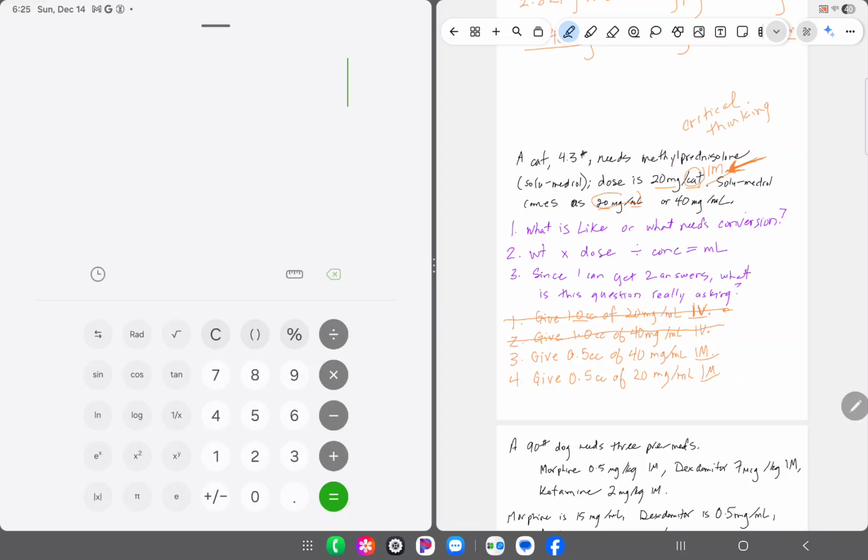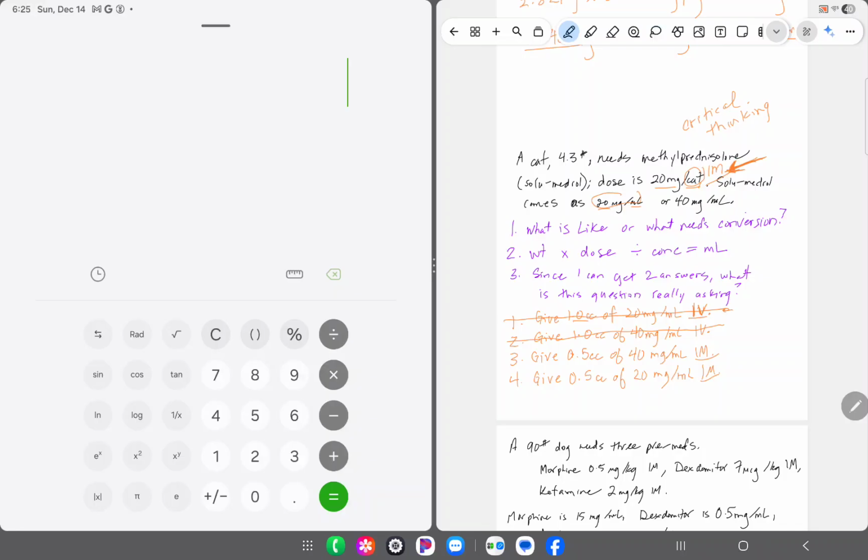Okay, so number 3, give 0.5 cc of 40 mg per mil IM. Okay, well, let's do the math again. They're gonna ask questions like this where the math can be done in your head a lot of the time, and the ones that you can't do in your head, they will allow you a calculator.